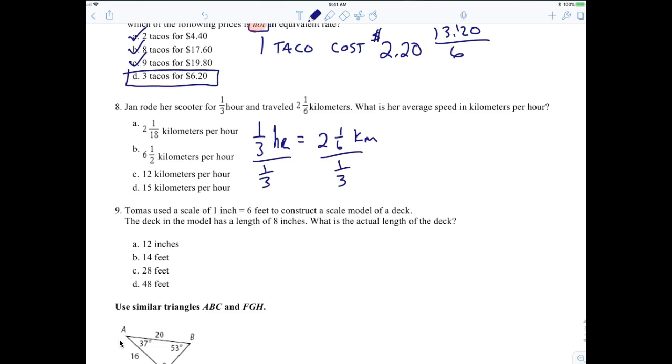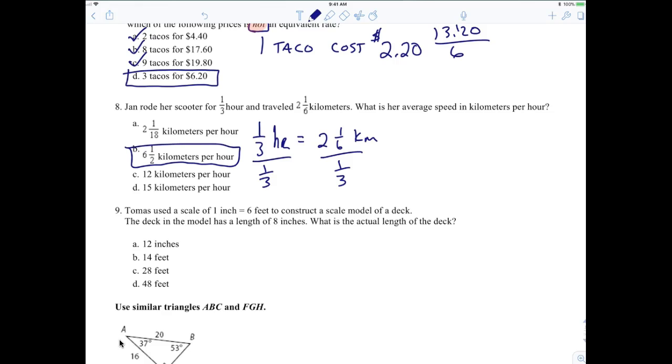Now, this is a problem I think you would do nicely on a calculator. So it was definitely 6.5 kilometers per hour. Practice on your calculator right now. Make sure everybody types in 2 1/6 divided by 1/3. Did you check that on your calculator, guys? 6 and what?